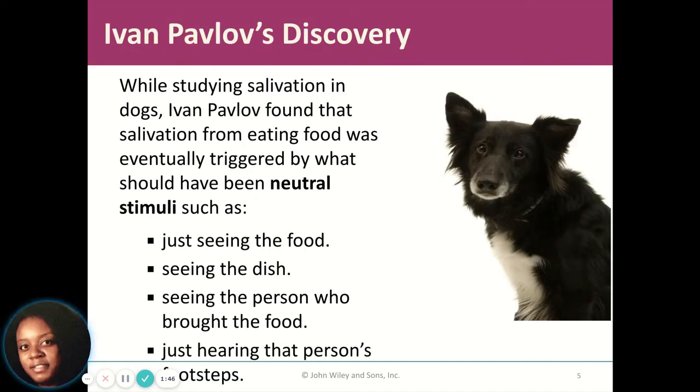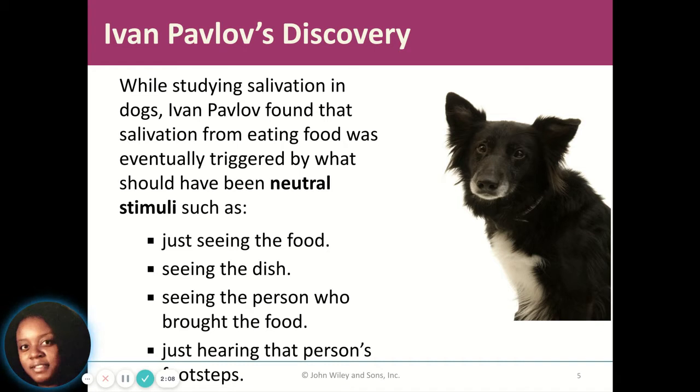For example, Ivan Pavlov was a behavioral psychologist, and you may have heard the term Pavlovian dogs before. He wanted to see whether he could get dogs to respond the way he wanted them to. So he had to take something known as a neutral stimulus.